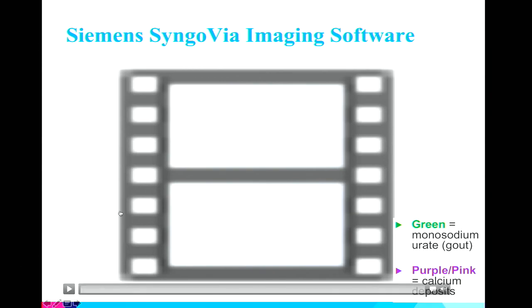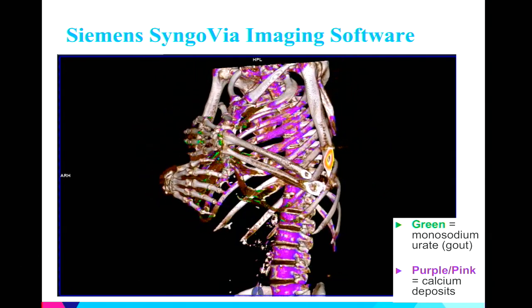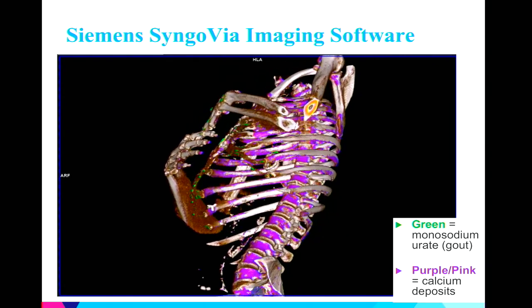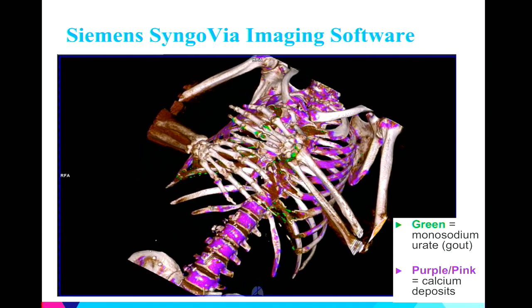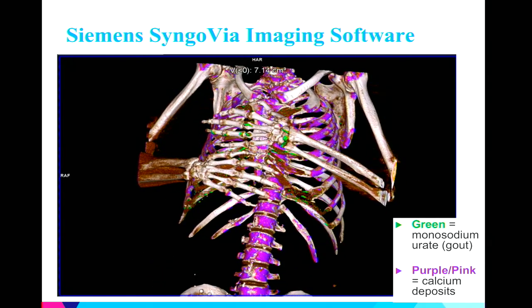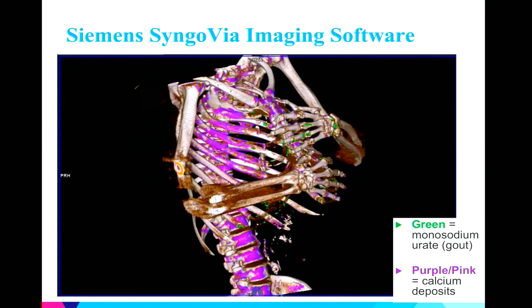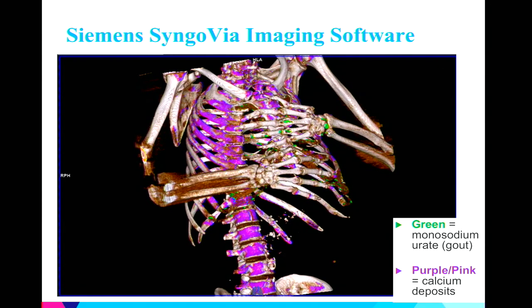So this is a video of our software. So the legend, again, green is gout, purple is calcium. And you can see in the patient's left hand and left wrist that there's the green accumulating in the joints. And it's hard to see in this video, but the scapula as well as like in the costochondral joints, you also see gout forming.